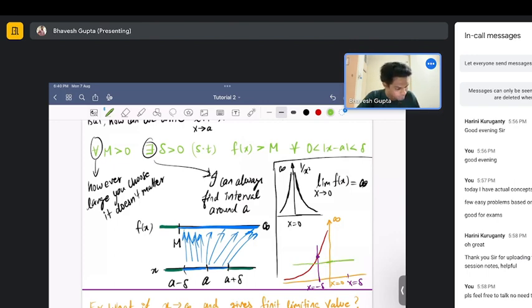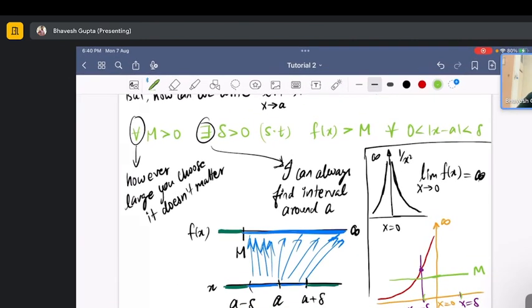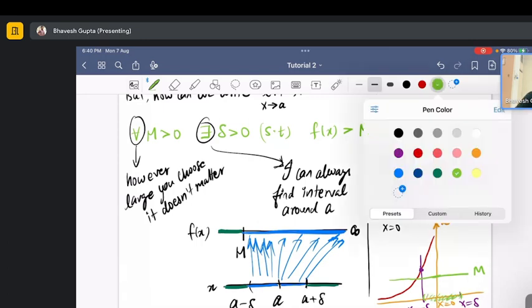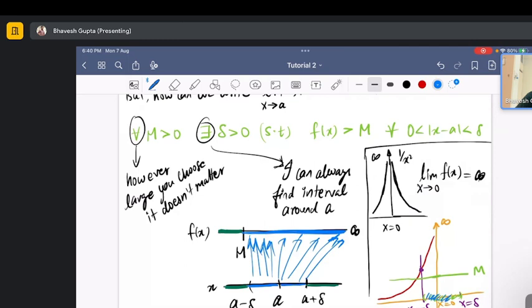So this definition tells you that I can always create an interval such that inside this interval, if I map this, all these blue points are greater than M, right?